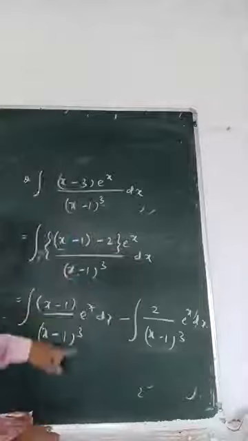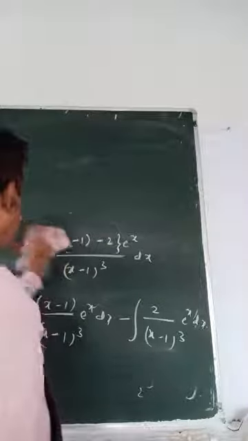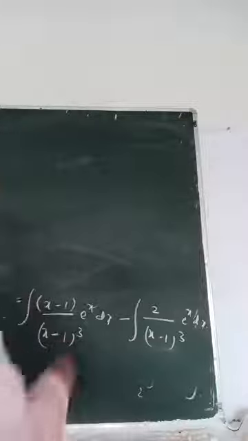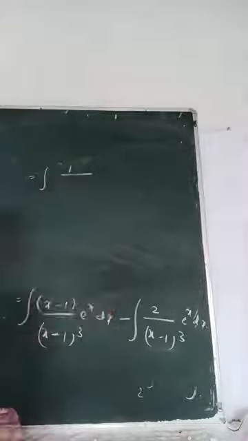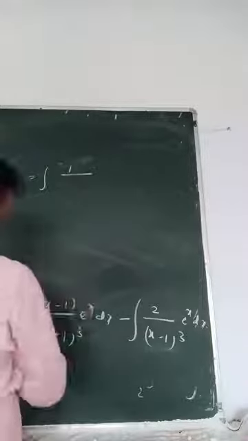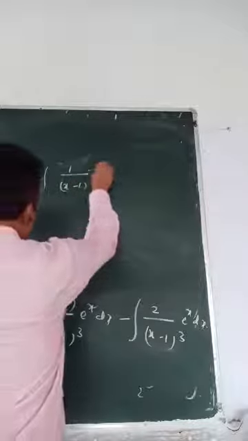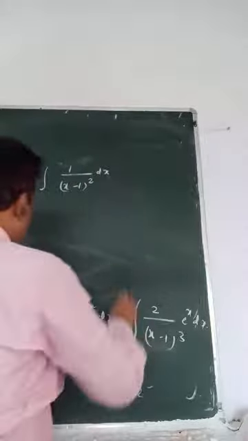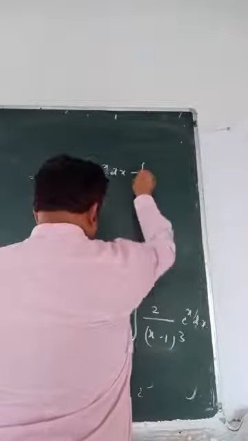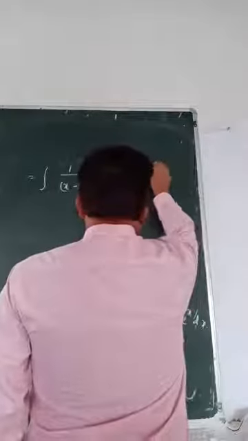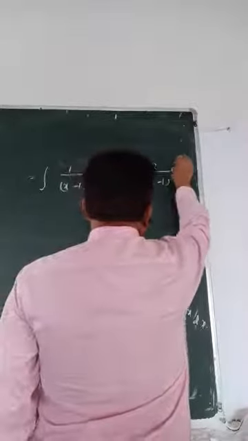Okay, one line, let me simplify, then you will understand. So it is 1 by, because it will get cancelled, x minus 1 whole square, e to the power x dx. This is 2 by x minus 1 cube e to the power x dx.